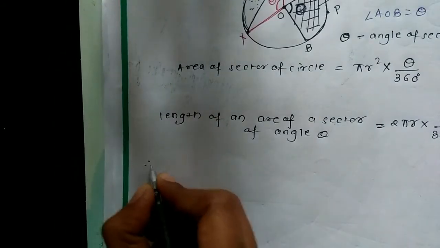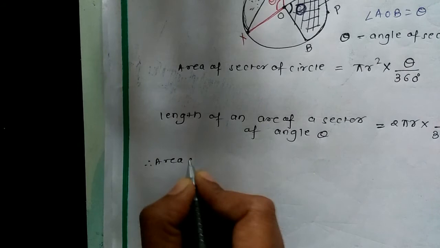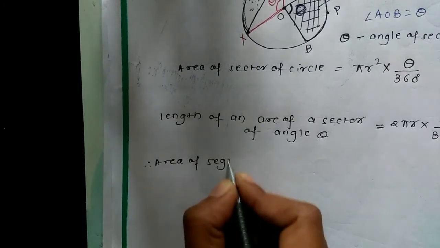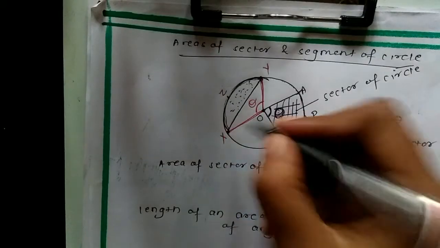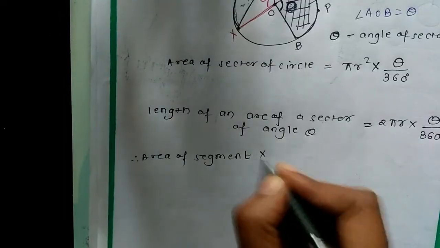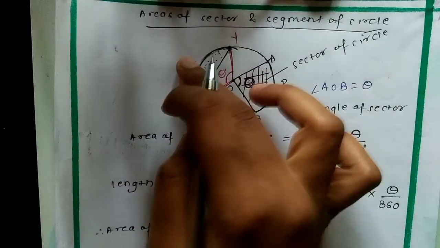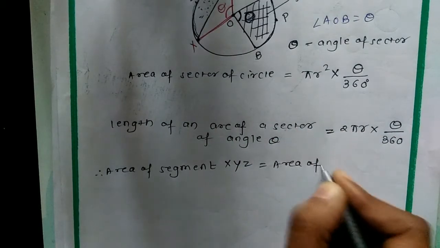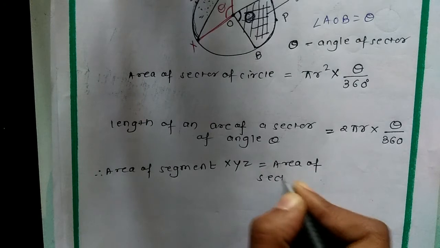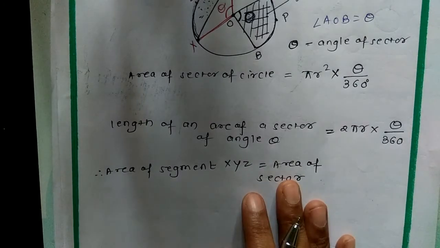So here, therefore, area of segment. Which segment have we taken here? XZY or XYZ, you can read it like this. That is equal to the area of the sector. So what is that sector?